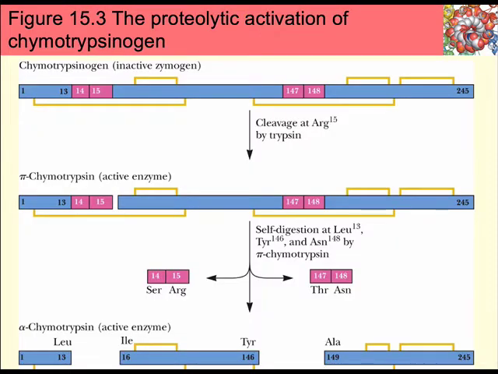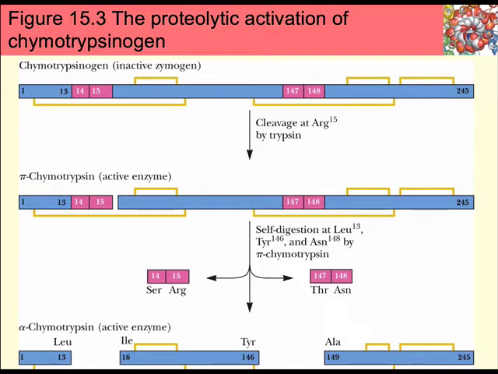Here's another case, chymotrypsinogen, which we discussed earlier in chapter 14. And the O-gen, of course, tells you that this is a precursor. And you can see active chymotrypsin down at the second and third rows of this figure. Chymotrypsinogen is the precursor or the inactive zymogen.